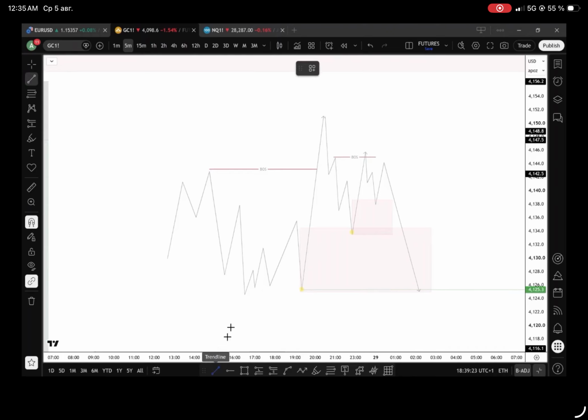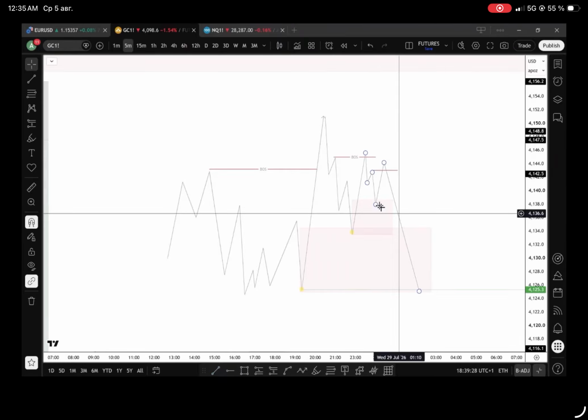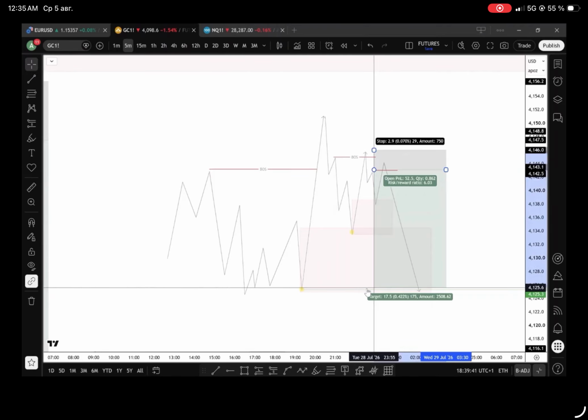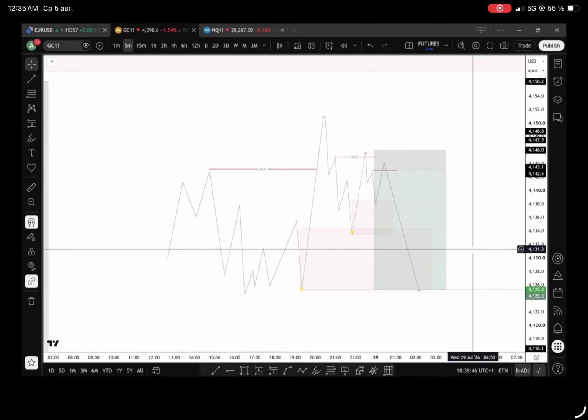This is where sellers induced buyers taking positions. You want to see that reaction from buyers, and then you take your entry, stops above the LB. So what are you targeting? My rule is minimum 1 to 3. So that's what you would target.